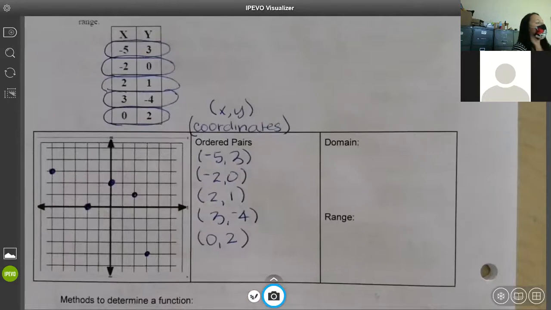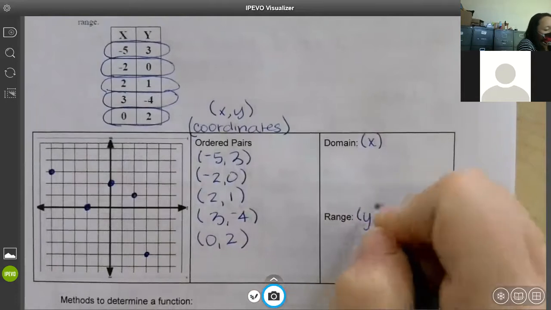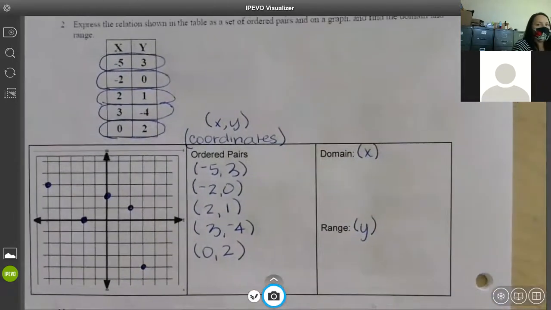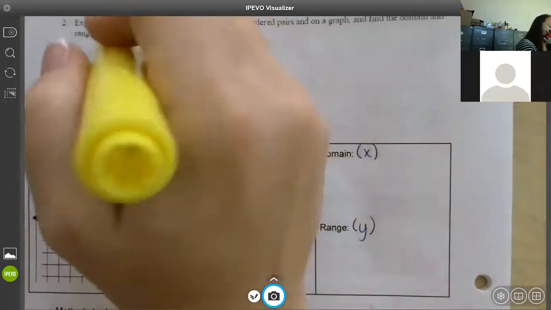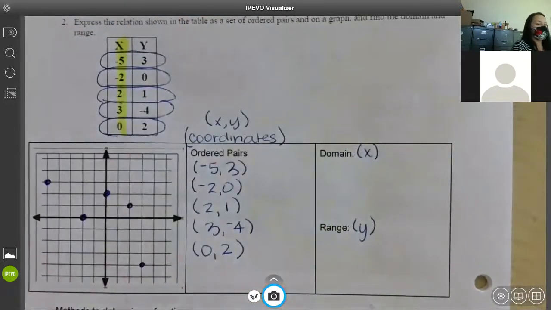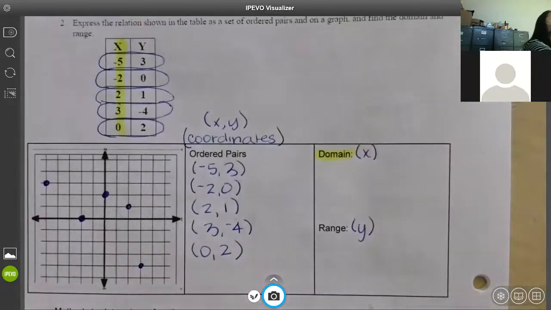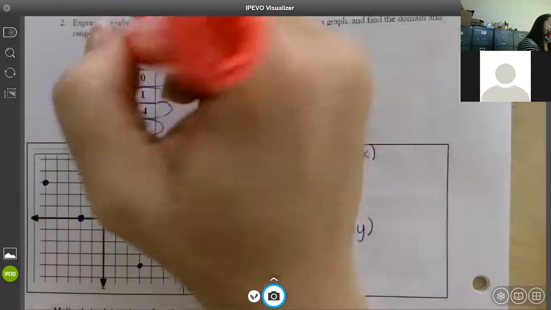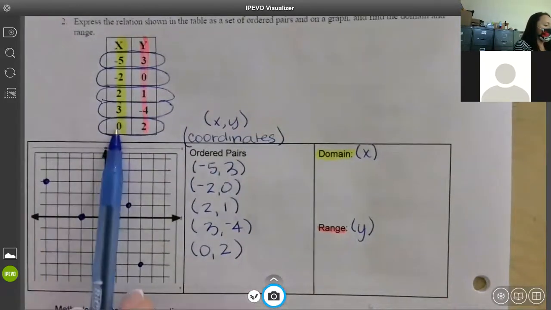Right. Domain and range. Remember your domain are your x's. Make sure you go least to greatest, and your y's are your range. So these values in the x column in yellow are your domain. And in your y column is your range. Okay. Least to greatest. So look at the yellow.